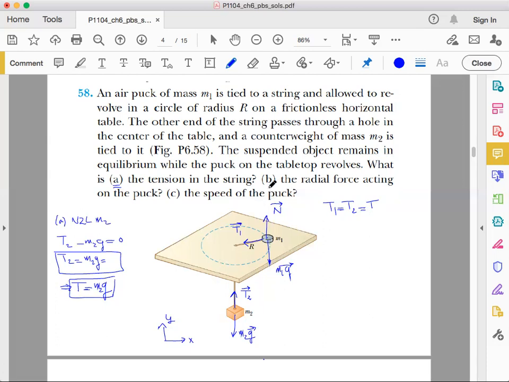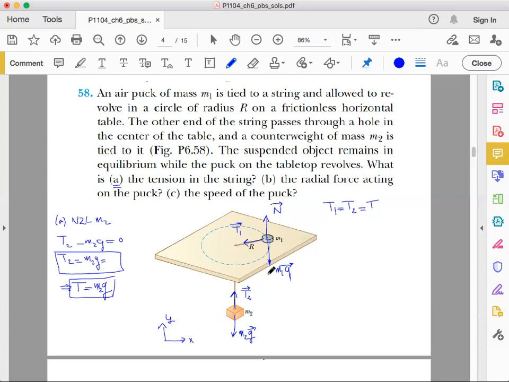If you go on with part 2, you have to determine the radial force acting on the puck. Here's the puck, and this puck is revolving, so it's moving on a circular path of radius r. Since it's moving on a circle, we know definitely that there should be a radial acceleration, and therefore there should be a radial force.